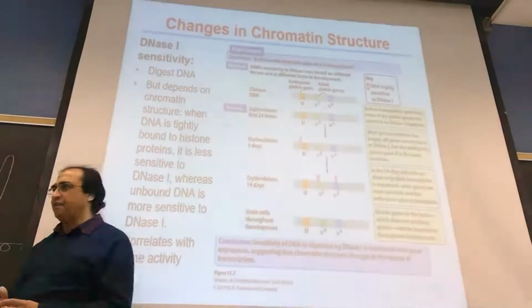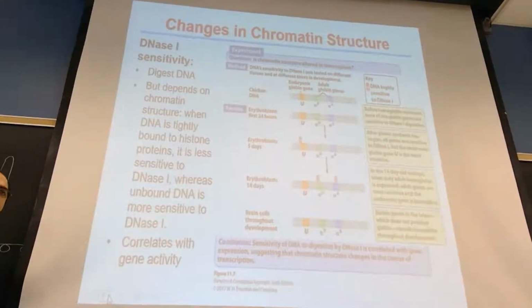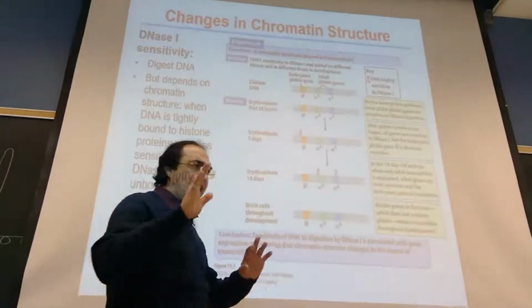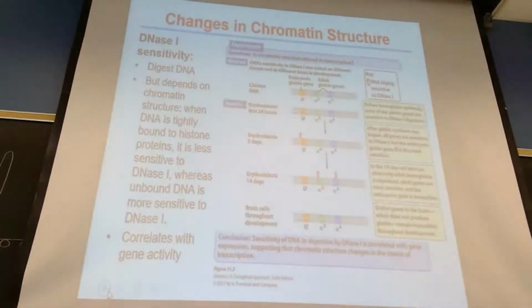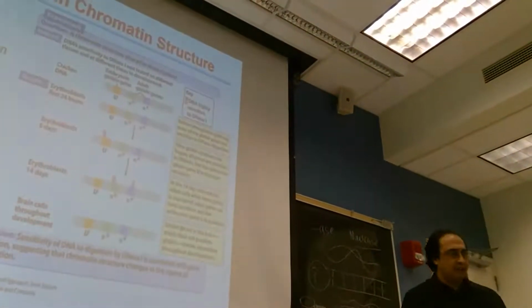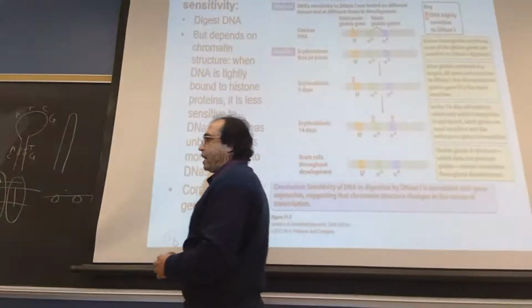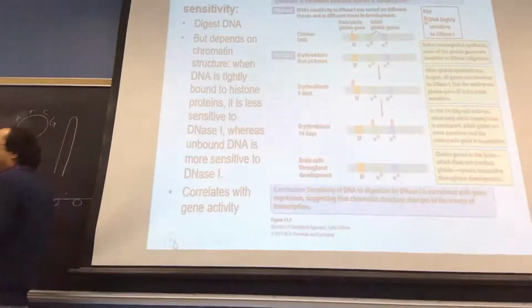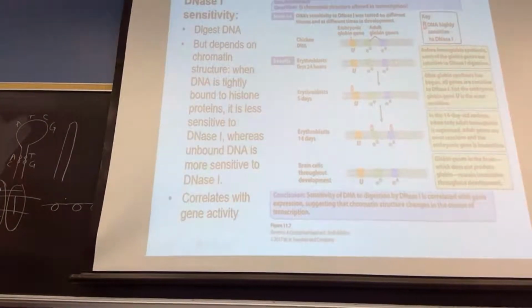They have specific sequences they can cut. But DNase 1 can cut almost very common sequences, so that's why it is a common enzyme. If it can cut only a particular sequence, then it is called a restriction enzyme. Okay. So DNase 1 can digest the DNA, but that can depend on the DNA structure.